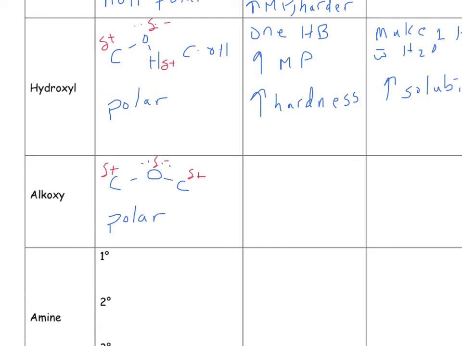Because there is no H directly attached to the O, you cannot hydrogen bond, but you can make one dipole-dipole attraction with your slight charges. This increases the melting point and increases the hardness of your compound.